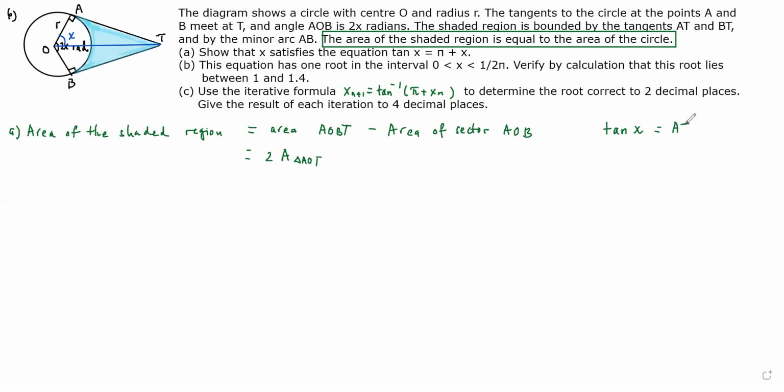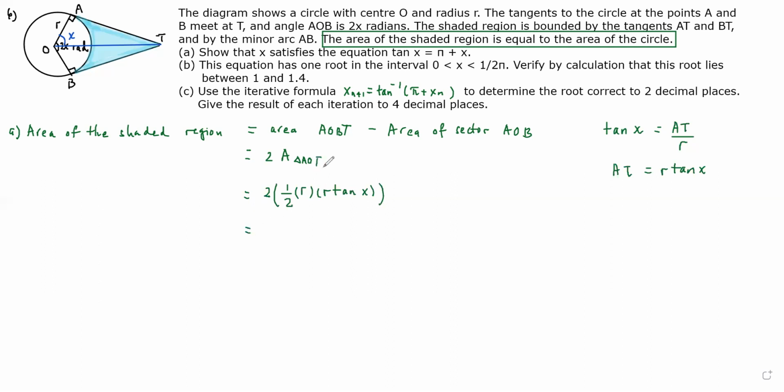The opposite is AT, the adjacent is the radius of the circle, so AT is R tangent x. And AT is the height of the triangle AOT.